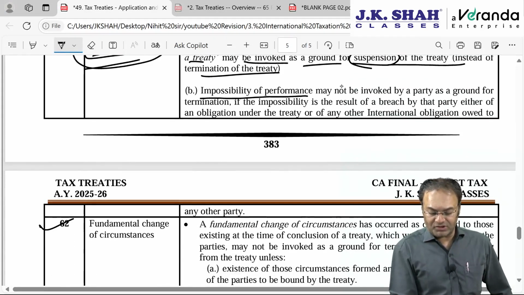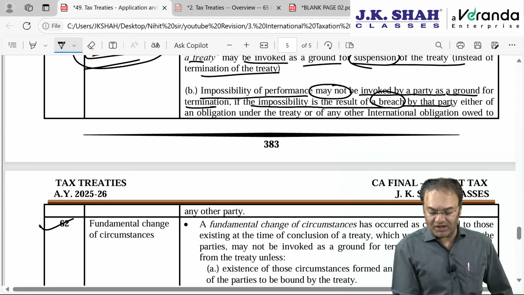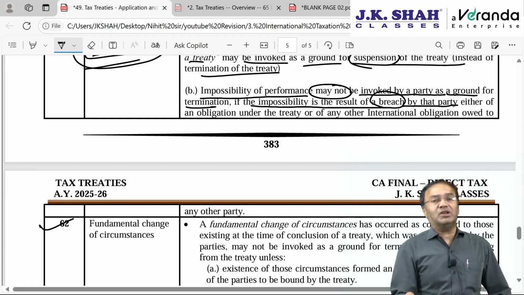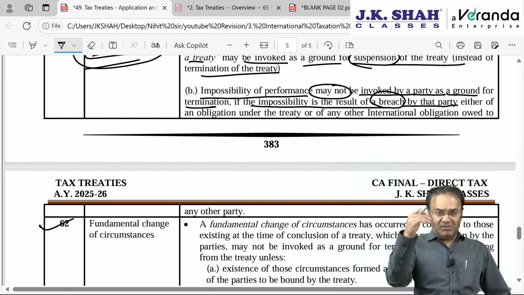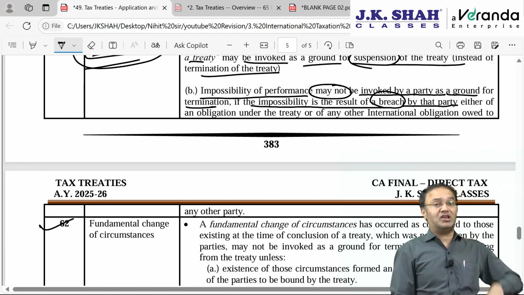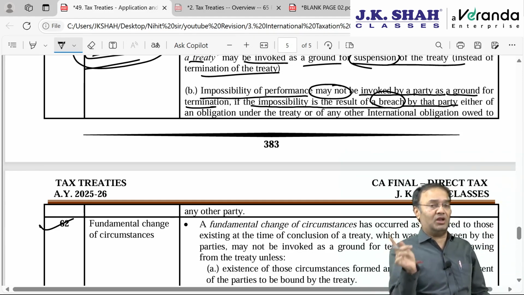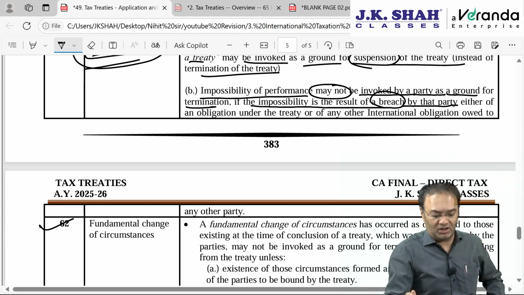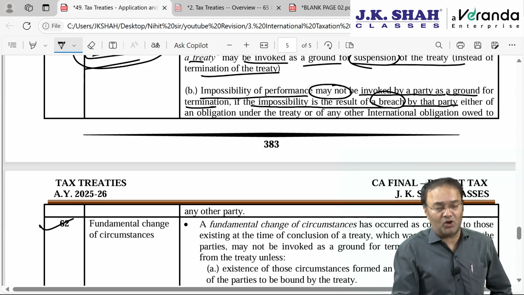Impossibility of performance may not be invoked as a ground for termination by a party if the impossibility is a result of breach by that party. So if Pakistan has breached some treaty, maybe a treaty with India or maybe some other international obligation, Pakistan is a breaching party, then India can terminate. Pakistan cannot terminate it by calling it impossibility of performance.